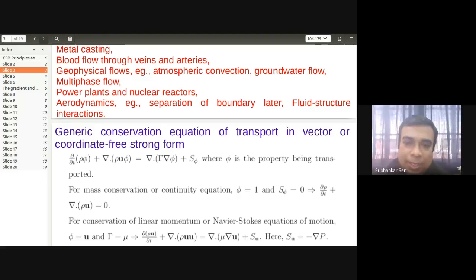Now, if we get a highly accurate approximate solution at every point in the domain, then those solutions can be used for real life purposes. So the need for CFD arises from the limitations of the experimental approach and the many limitations of the theoretical or analytical approach.